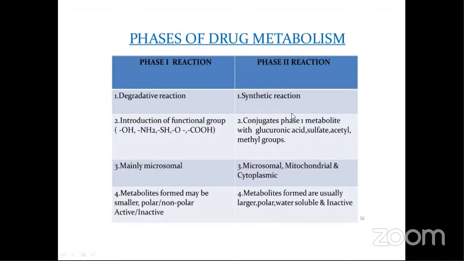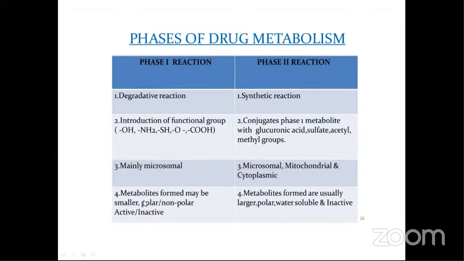First the drug enters phase 1, then phase 2. Phase 1 is mainly microsomal, but phase 2 takes place in microsomal, mitochondrial and cytoplasmic systems.